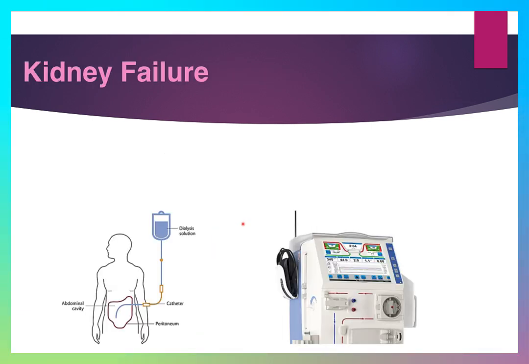Now, when a person's kidneys don't work anymore, they do not do what they're supposed to do, that is, they don't control fluid and they don't take care of the abnormal chemicals, then basically they have kidney failure and they have a need for an artificial kidney, or what we call dialysis. And dialysis can actually be done two ways. One is by machine through the blood, which is shown.